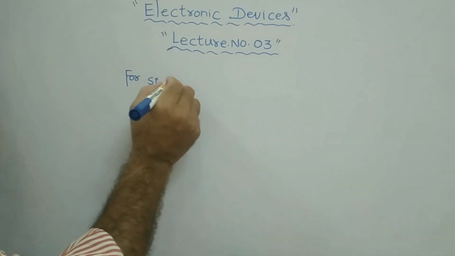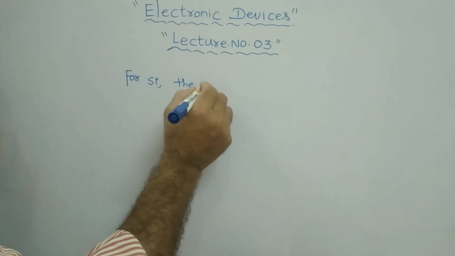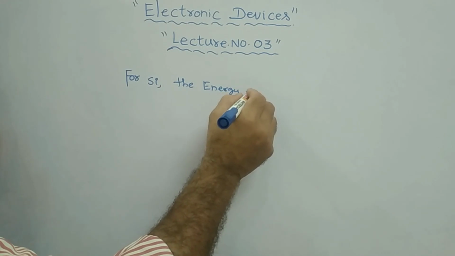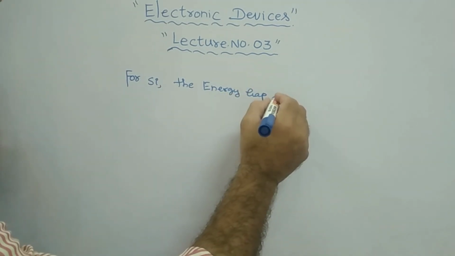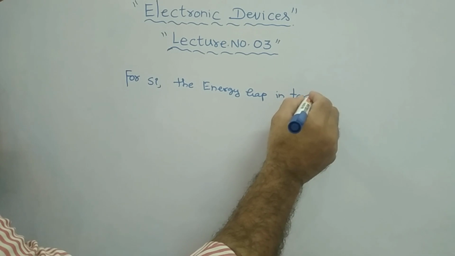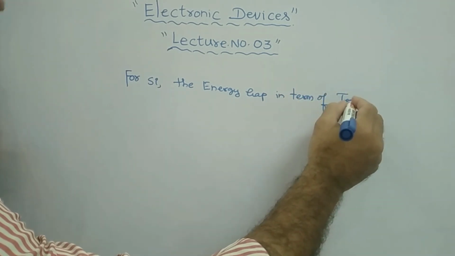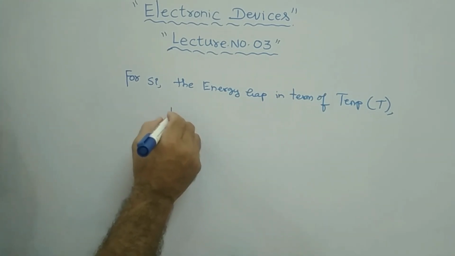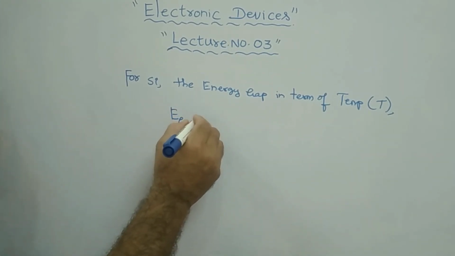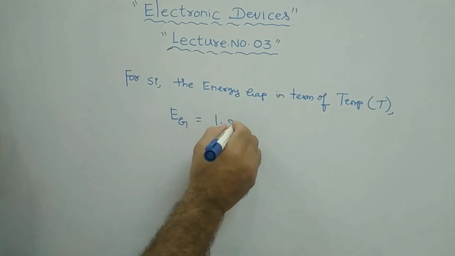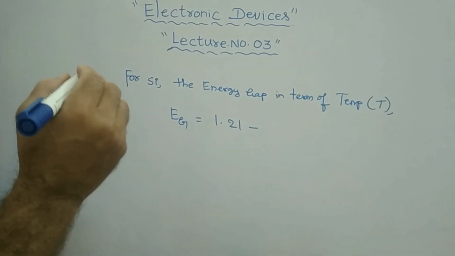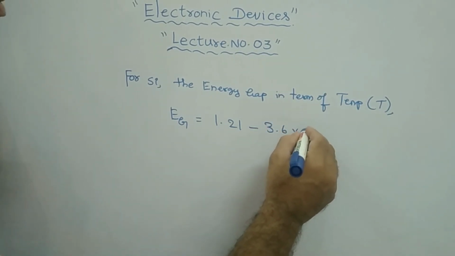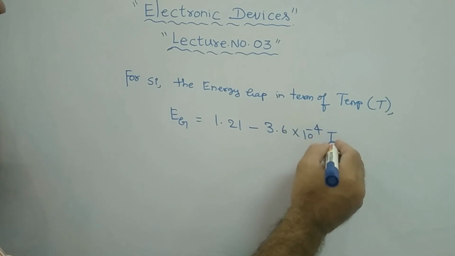For silicon, the energy gap in terms of temperature can be given as Eg is equal to 1.21 minus 3.6 into 10 power minus 4 times T.